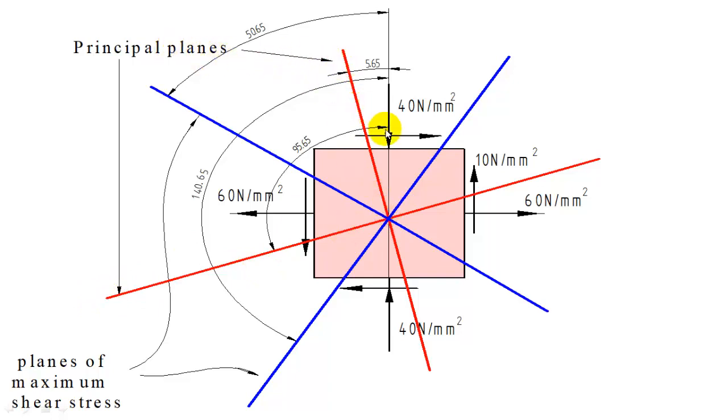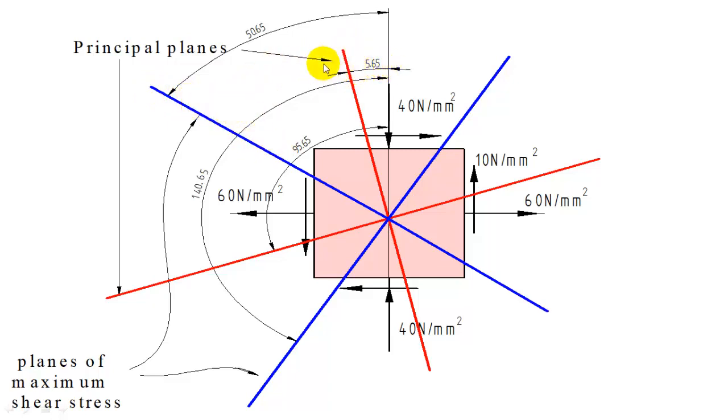Now the plane of maximum shear stress is 50.65 degrees. By adding 45 degrees to one of the principal planes, you get the first plane of maximum shear stress. So they are separated by 45 degrees. This principal plane and the planes of maximum shear stress are separated by 45 degrees.